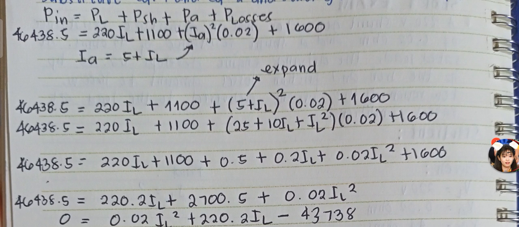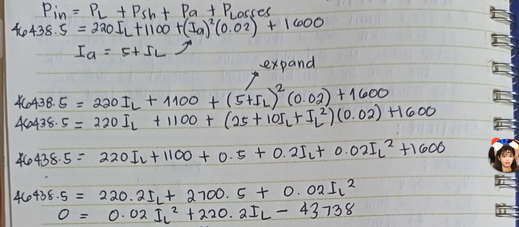For further simplification, we have 46,438.5 is equal to 220 times IL plus 1,100 plus 25 plus 10 IL plus IL squared, times 0.02, plus 1,600.